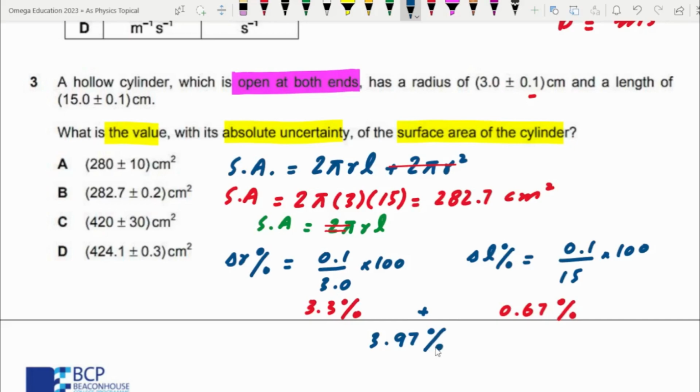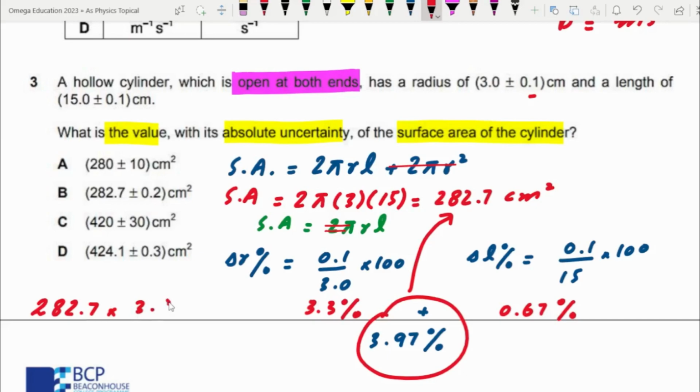But they have asked you for the absolute uncertainty. So what you can do is find the absolute uncertainty from the percentage. All you have to do is find what 3.97% of your principal value, 282.7, is. Mathematically we find it like this: 282.7 times 3.97 divided by 100.